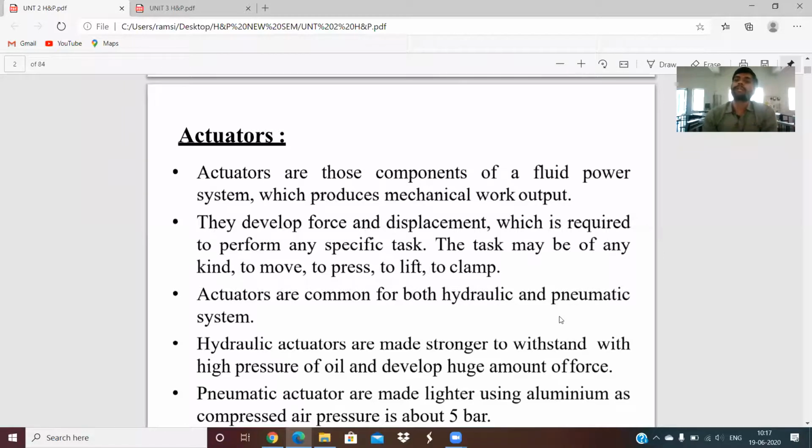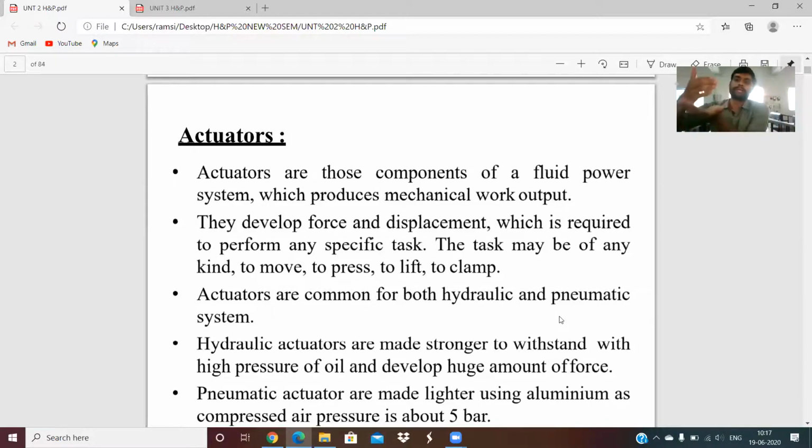How does the actuator actually work? I will show you in tomorrow's lecture that we use this actuator to lift something or to drop something. You know, in valve industries also they use the actuator on top of the valves.